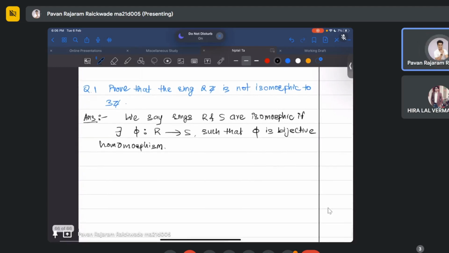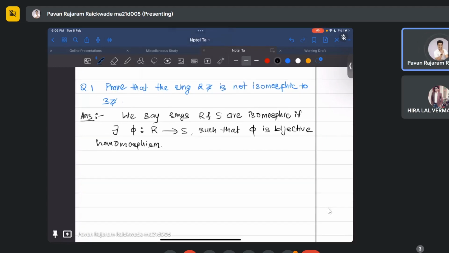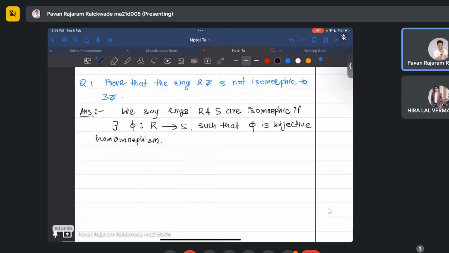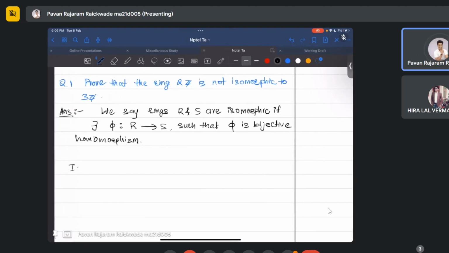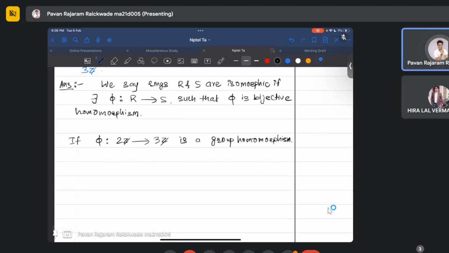So a basic calculation will show us that any ring homomorphism from 2Z to 3Z is of the following type. If phi is a group homomorphism from 2Z to 3Z, let alpha be phi of 2, which belongs to 3Z.